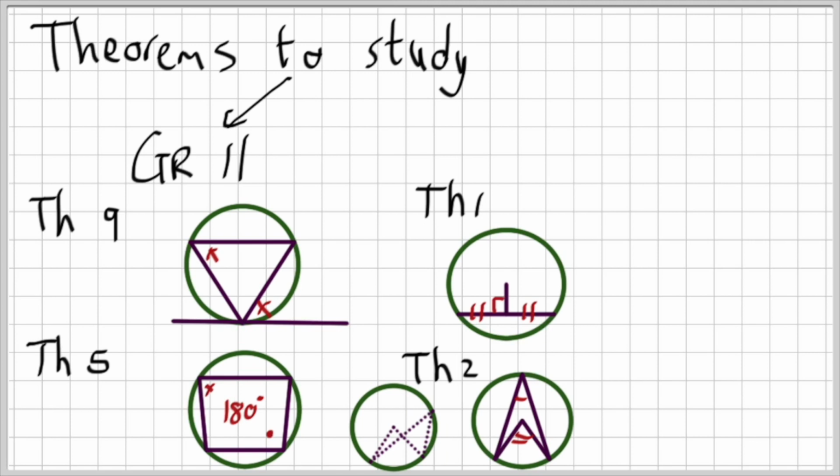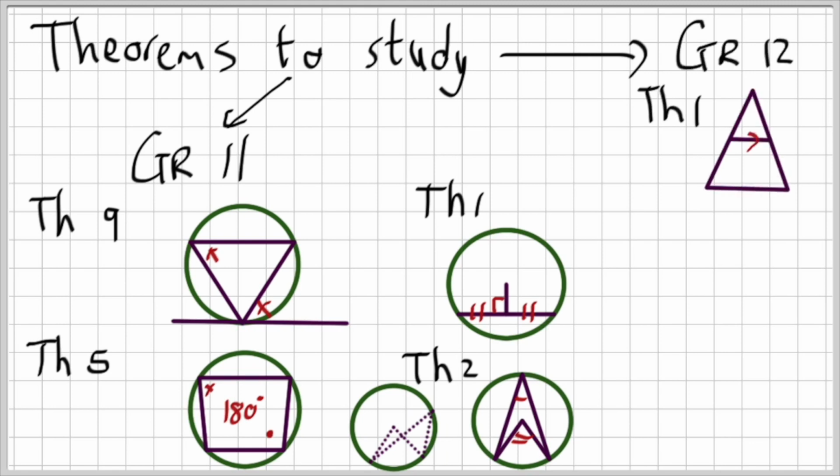In grade 12, there's a bit more of it. The formal proofs in grade 12, ooh, they're a bit more interesting. So I want to encourage you to also study grade 12, especially Theorem 1, which is if there's a parallel side, then it divides the two sides of the triangle proportionally.